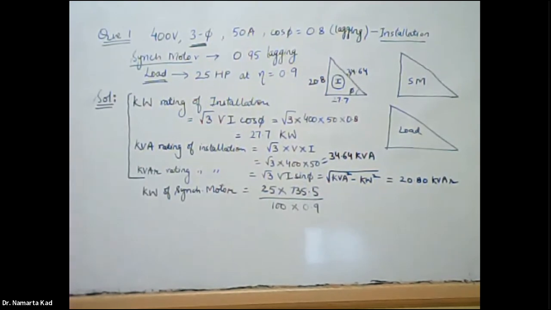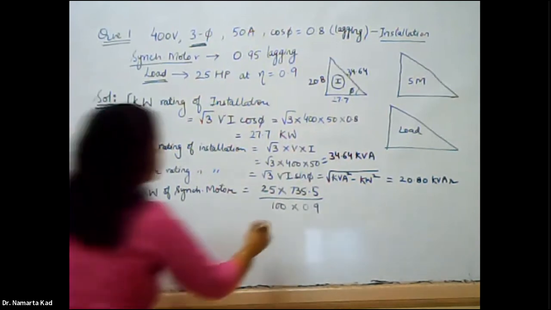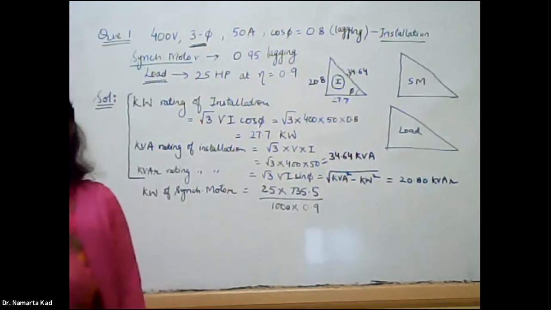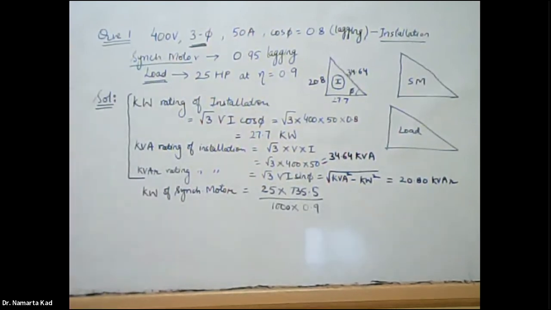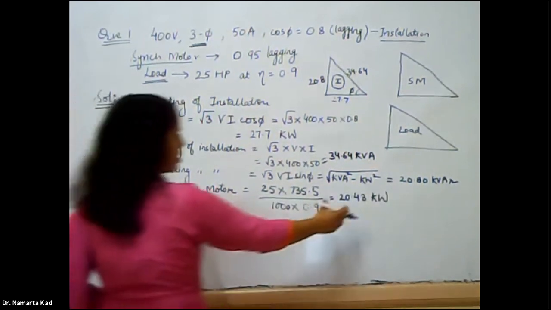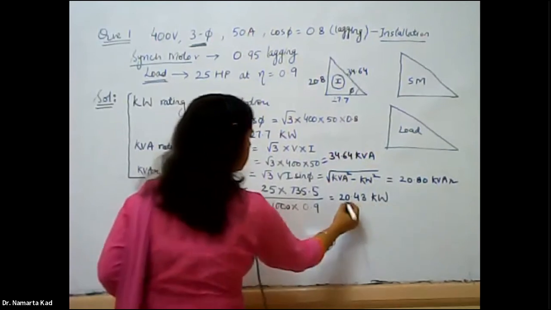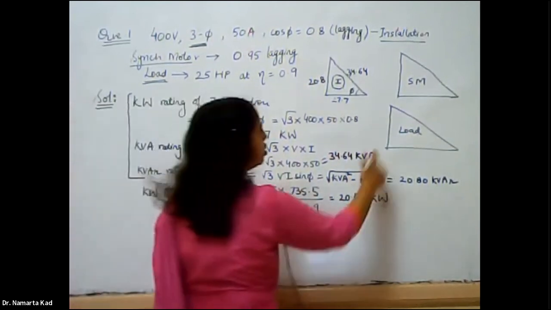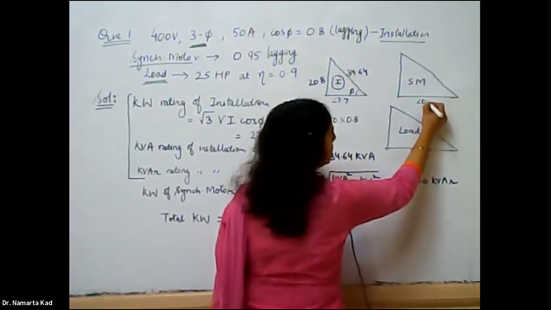Okay, 25 multiplied by 735.5 divided by 0.9 into 1000 because I want my answer in kilowatts. So the kilowatt for the synchronous motor comes out to be 20.43 kilowatt. So here write down 20.43.